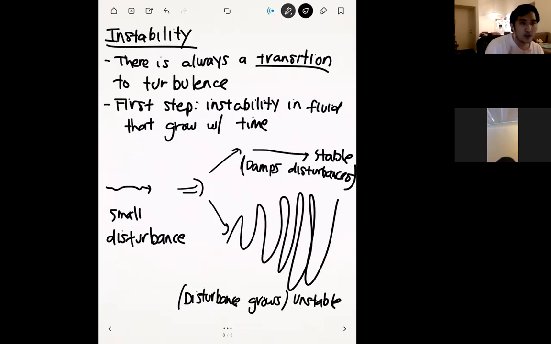A lot of what this chapter is devoted to is determining what are the conditions that lead to these either stable or unstable situations. Okay? Because if we know more about the conditions which can trigger these instabilities and have them grow, then we can better understand the transition into turbulence. All right, any questions on this?